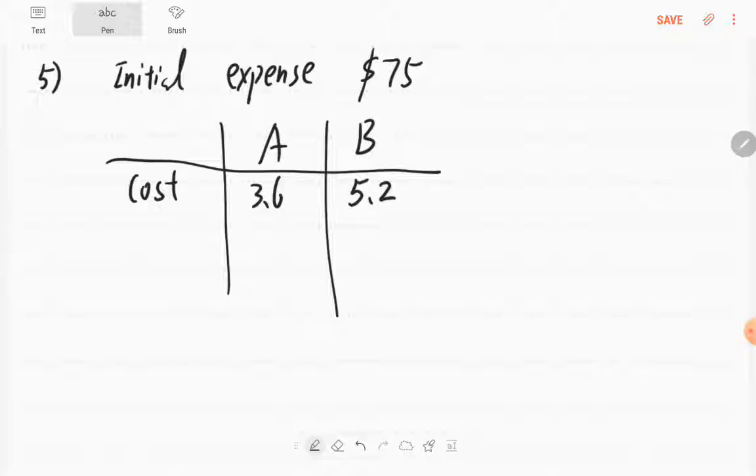Okay, then the profit, sale price is type A is $6 per frame. The price for type B is $10 per frame.